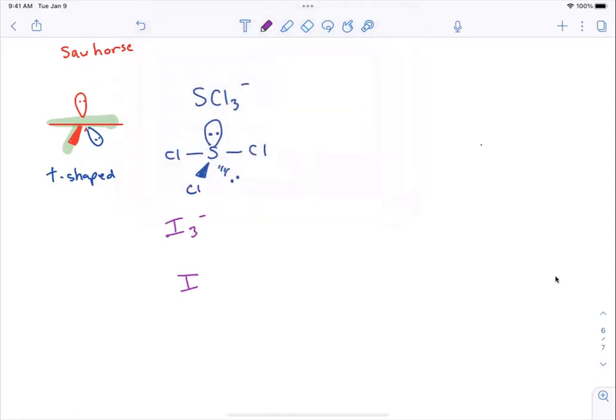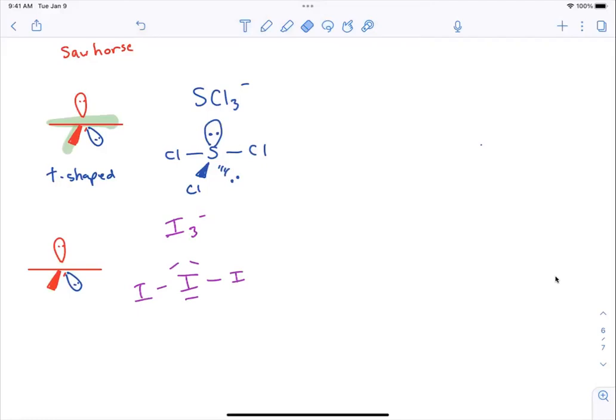I3 minus. You take this same structure, and let me ask you this. Which line is now the furthest away from the other two lone pairs? Soraya.